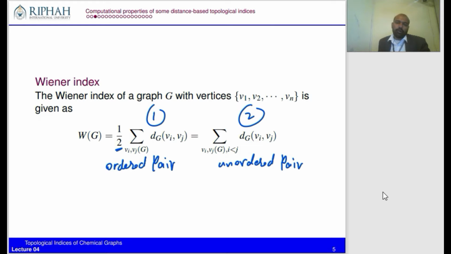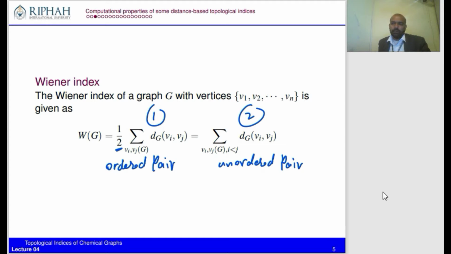But in definition 1 we use ordered pairs, so the distance from A to B and B to A is counted twice. So to normalize the definition, we divide it by 2. So there are two versions of the definition.